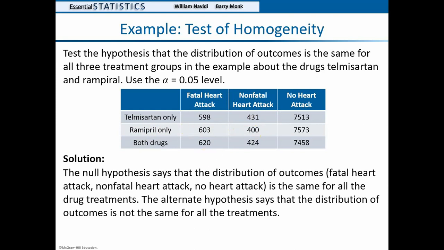The null hypothesis says the distribution of outcomes is the same for all drug treatments. Okay. The alternate hypothesis says that the distribution of outcomes is not the same for all treatments. Okay. There's no difference in these treatments between if you have one of these. Okay.